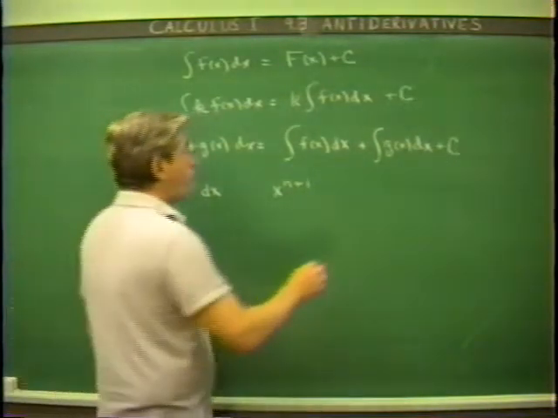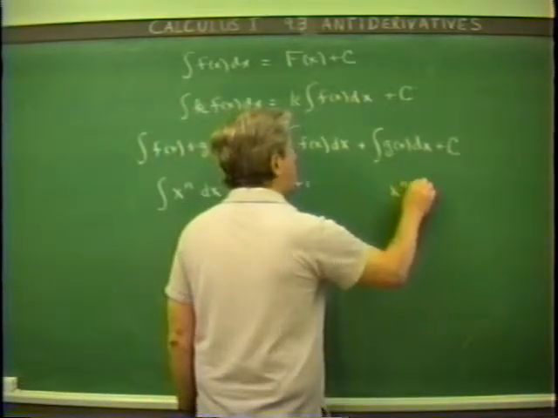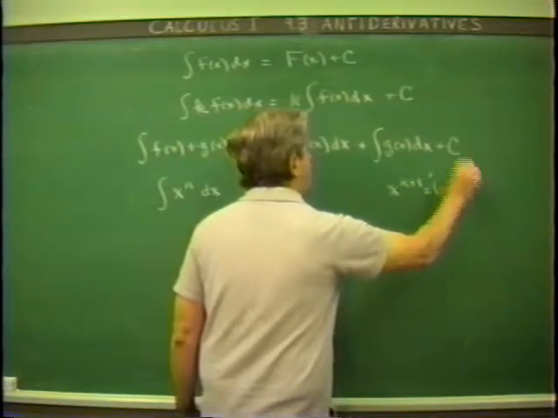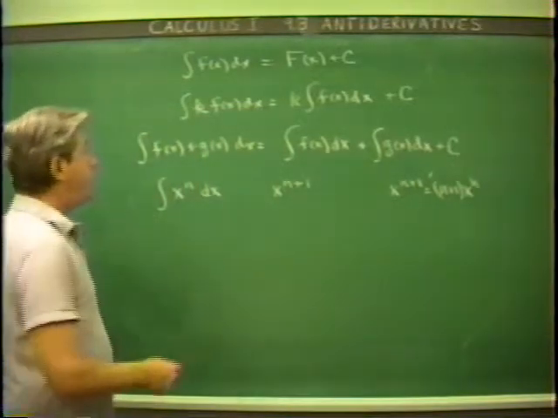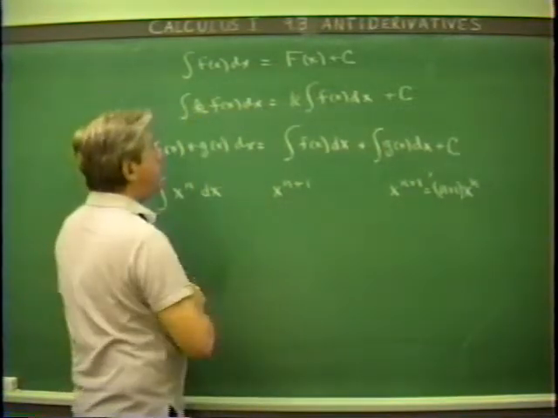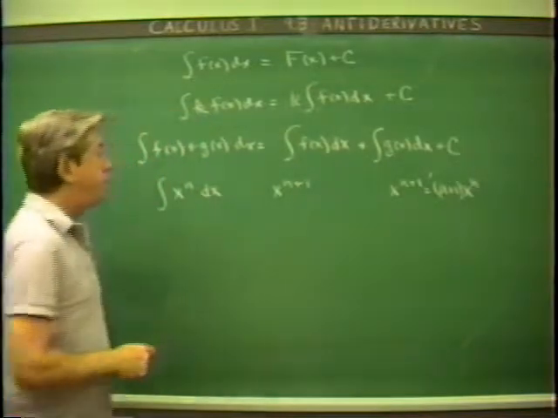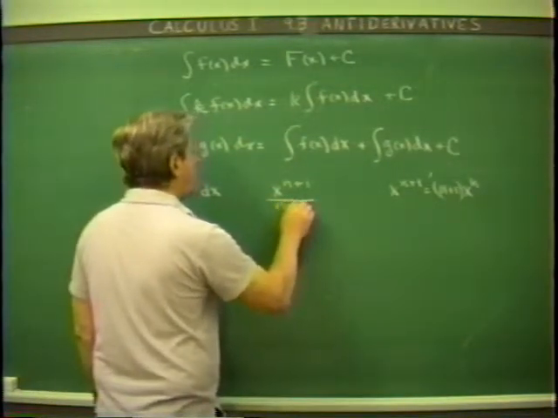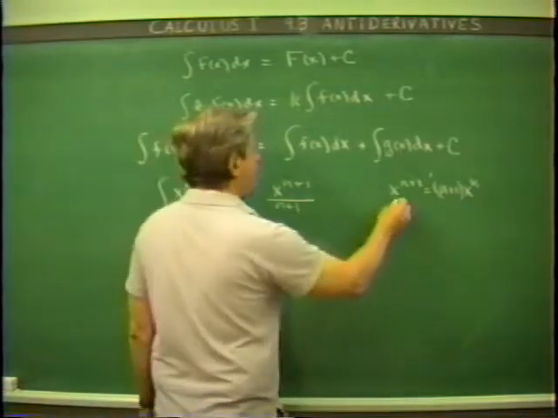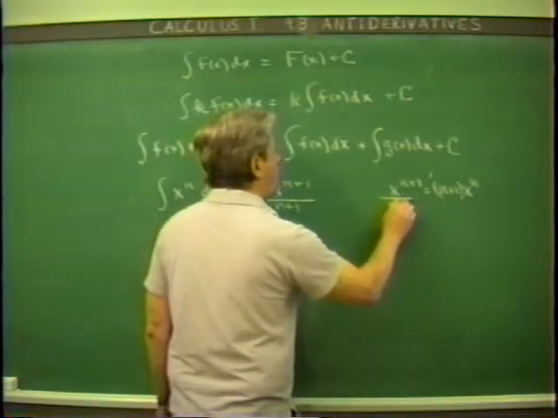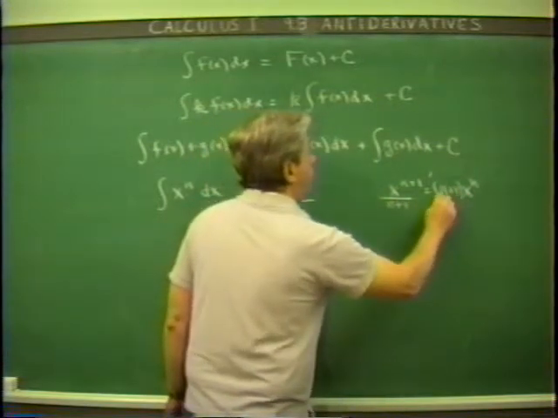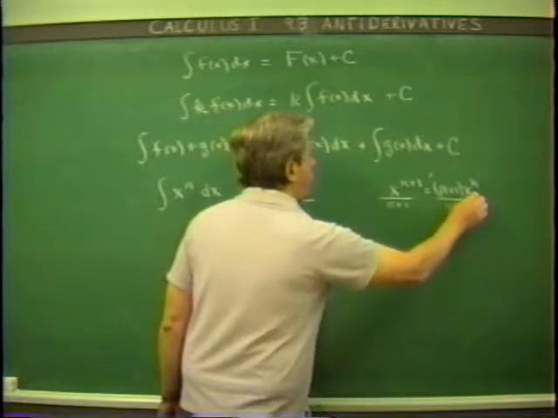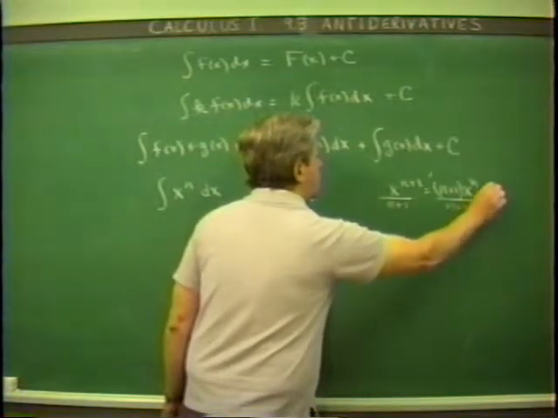The derivative of x to the n plus 1 is equal to n plus 1 times x to the n. So that's not right. However, since the antiderivative of a constant times a function is the constant times the antiderivative of the function, if I divided this by n plus 1, then the result would give me n plus 1 times x to the n over n plus 1, or x to the n.